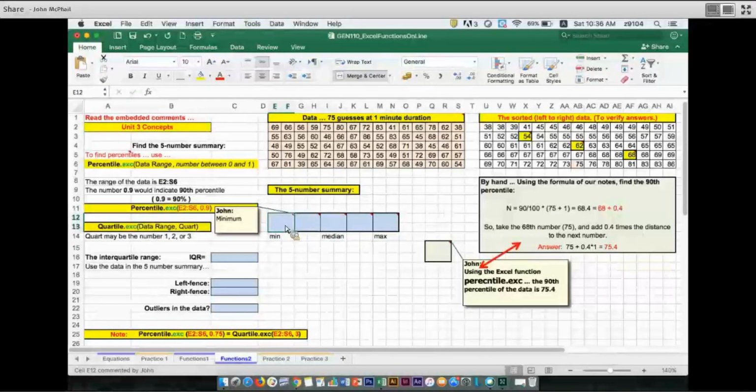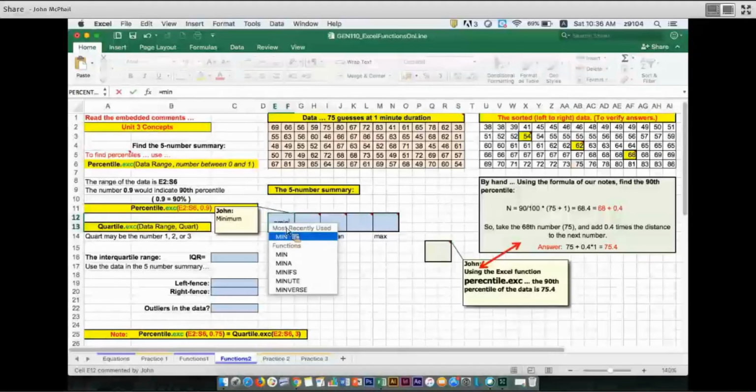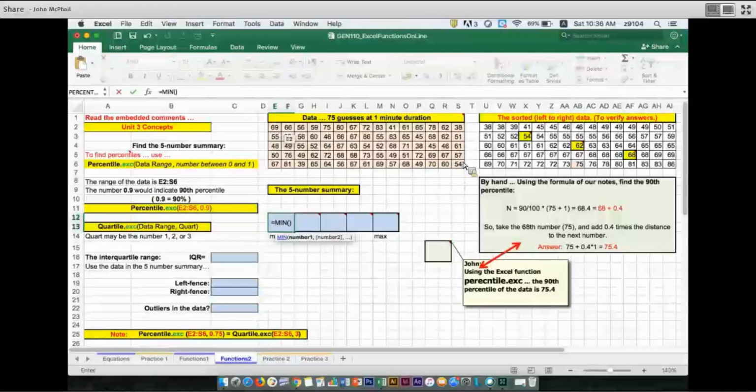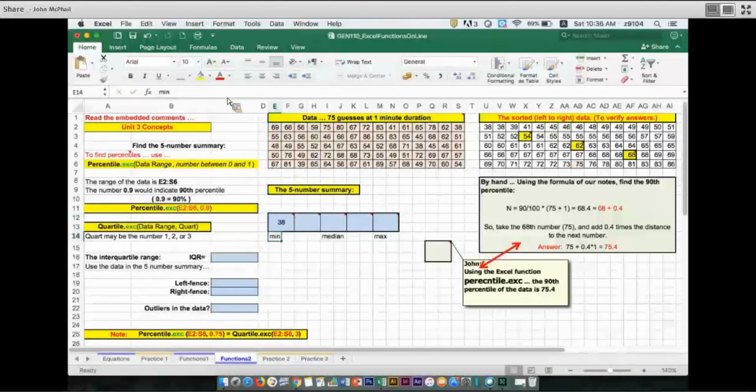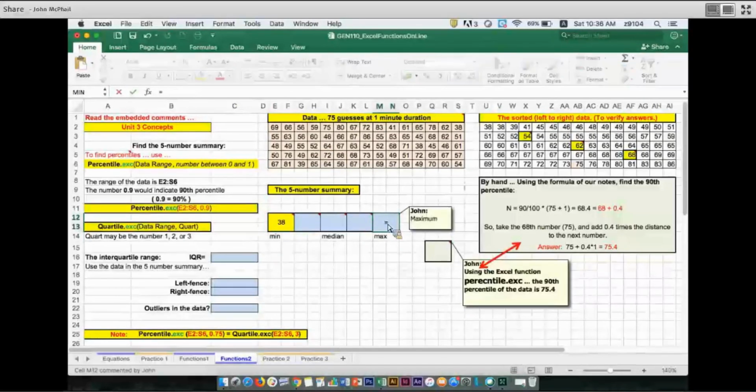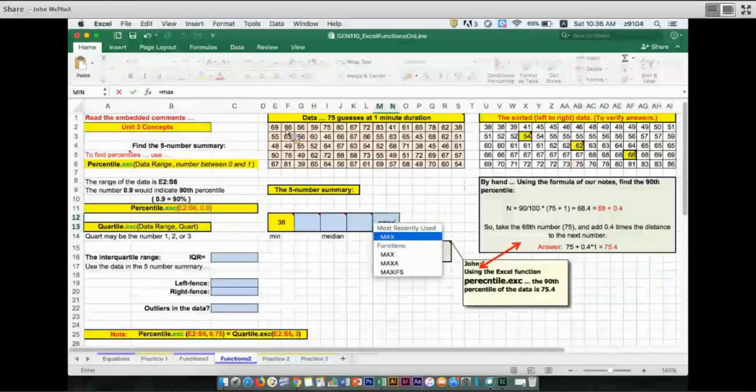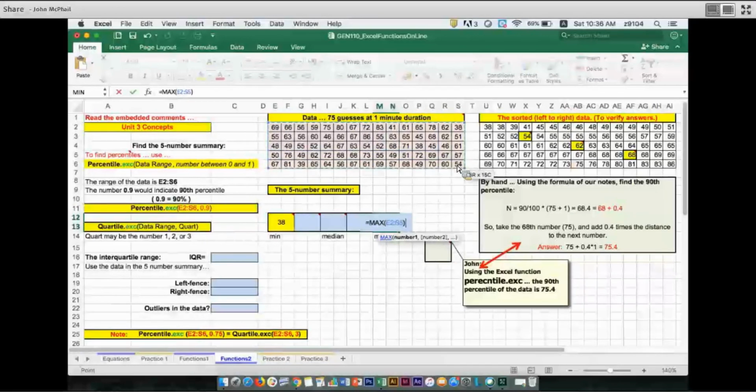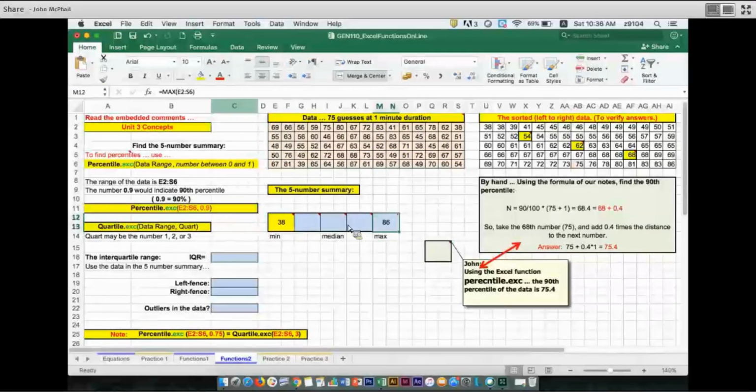The minimum, we select the minimum function from the drop-down menu. Press enter, the minimum value is 38. Similarly, the maximum, we begin typing maximum, select the function, select the data, press enter, the maximum is 86.